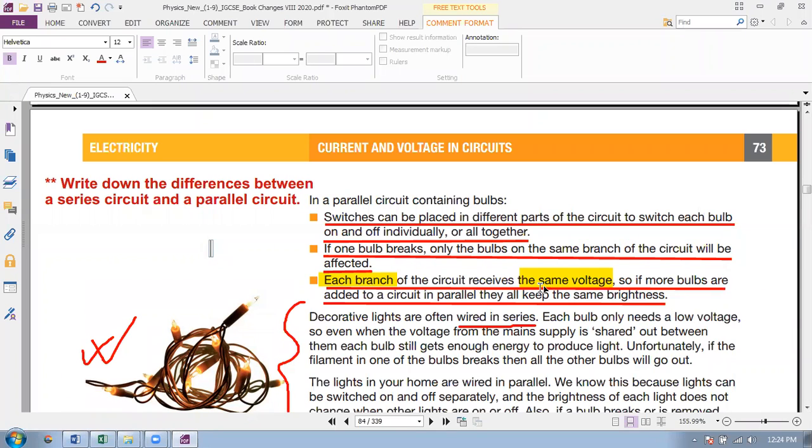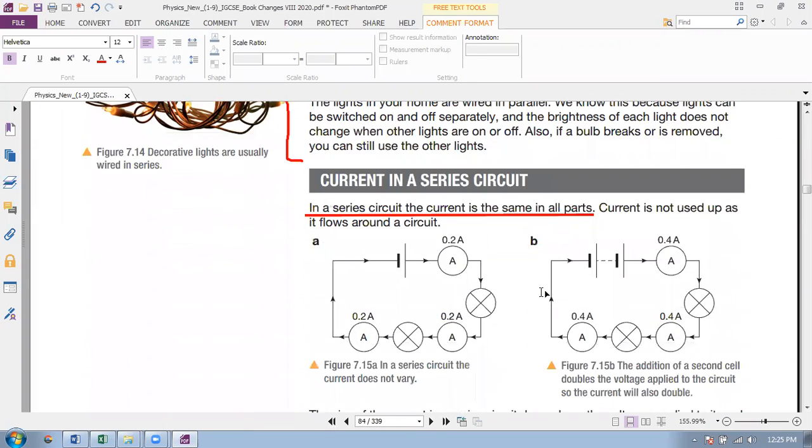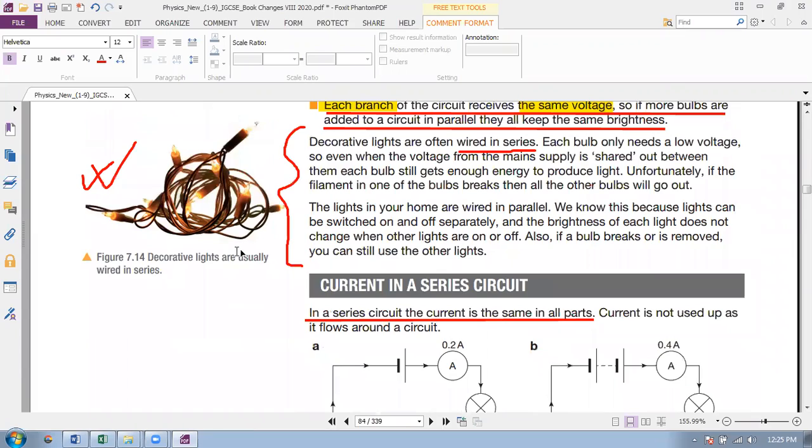Components in other branches can work properly. So these are some basic differences between series and parallel circuits. If you read these things more, it will be more clear to you. So I request you to read these topics properly at home so that you can understand better.